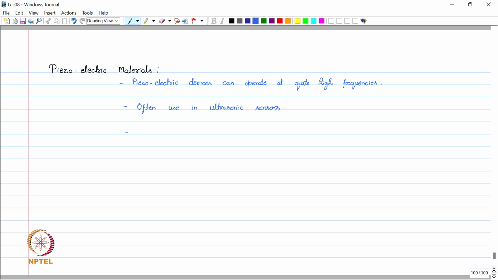These piezoelectric microphones can be used as piezoelectric actuators.